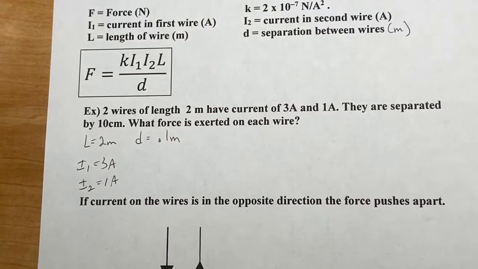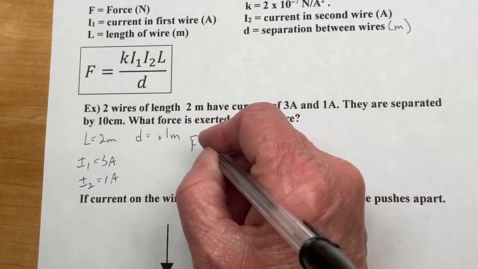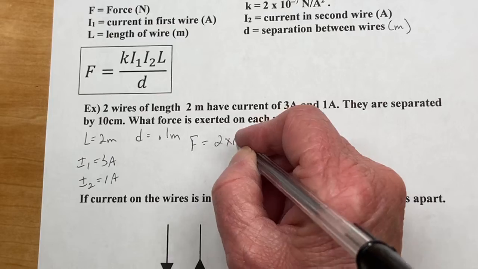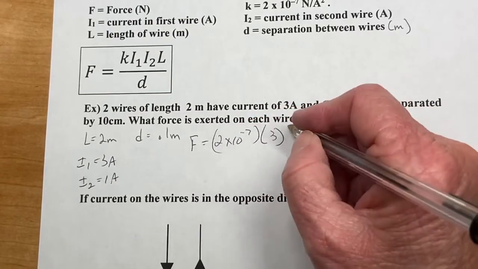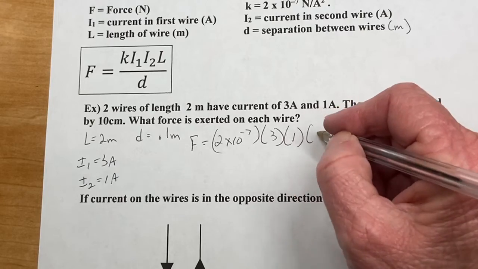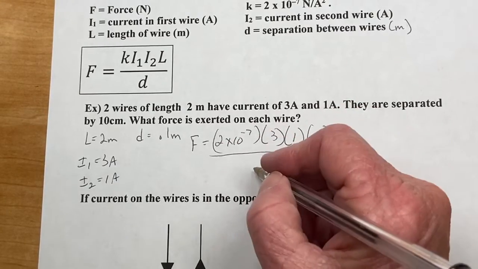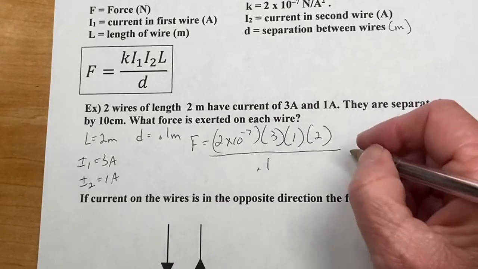Got to convert. All right, so let's do the force equals, so k is 2 times 10 to the negative 7th, times 3 times 1 times 2 meters, all divided by 0.1.